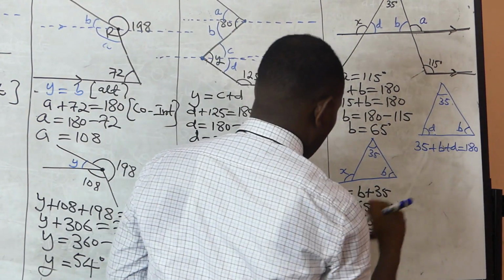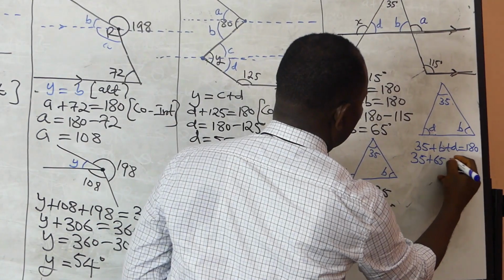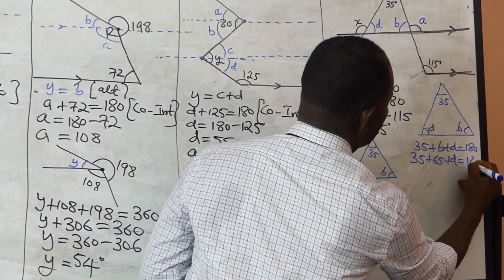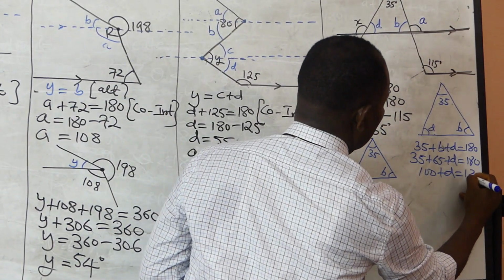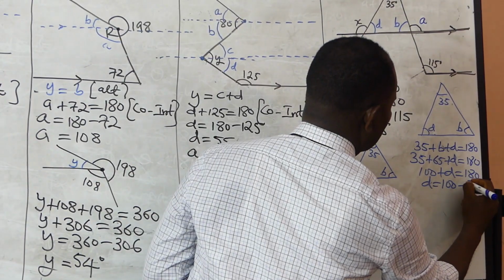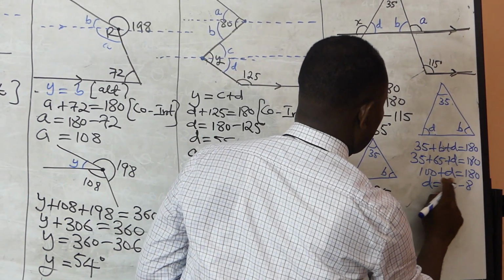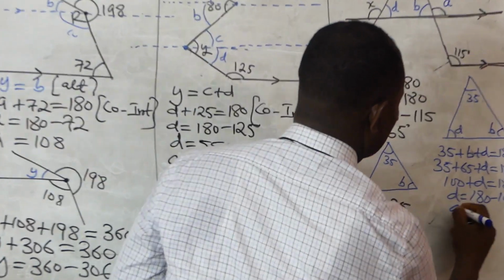Remember that? Now we already had our B before. This is 35 plus 65 plus D equals 180. So now 100 plus D equals 180. So D equals 180 minus 100. So I've got D as 80.